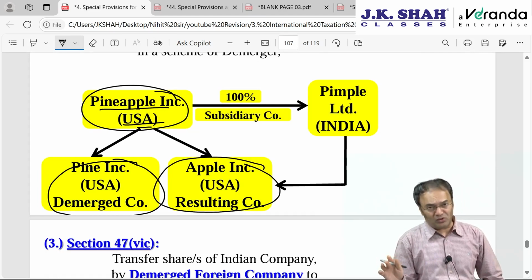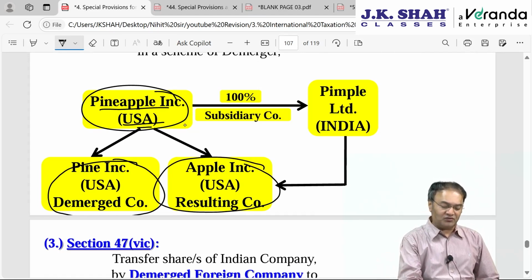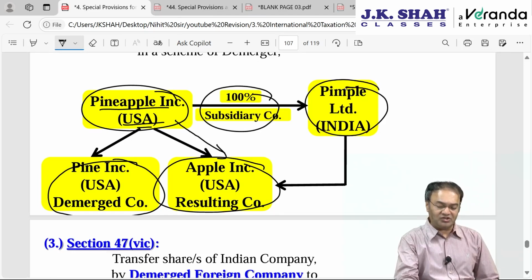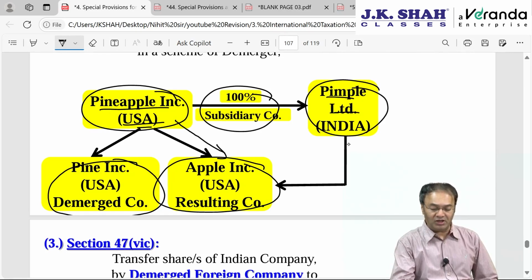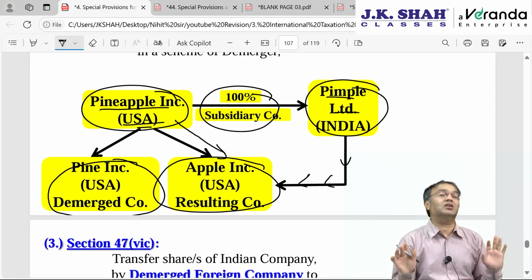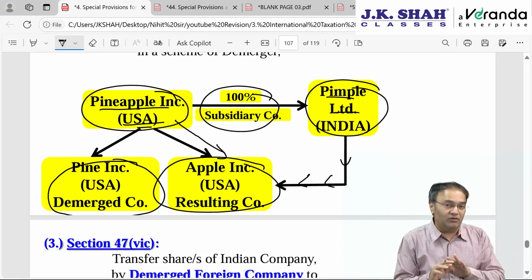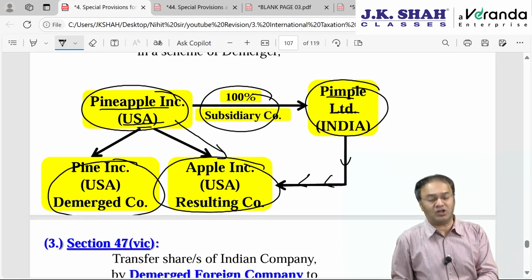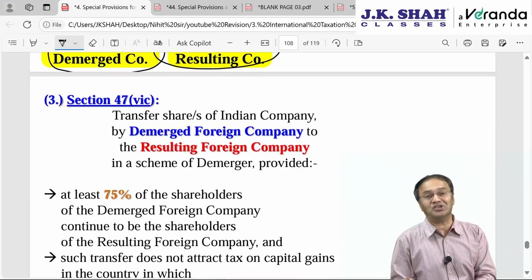Indian government should have no right to charge tax, but what is getting transferred by demerged company to resulting company is shares of this 100% wholly owned subsidiary company in India called Pimple Limited. Pimple Limited shares are getting transferred to this new company. Then in such situation, it is technically a transfer, but in India we will not regard it as transfer, we will not consider it as transfer provided two conditions are satisfied.